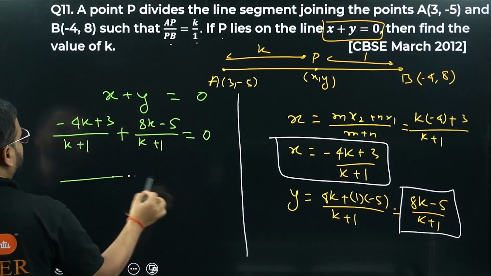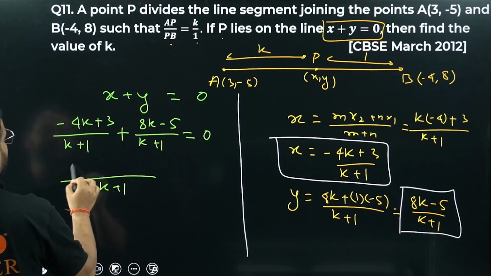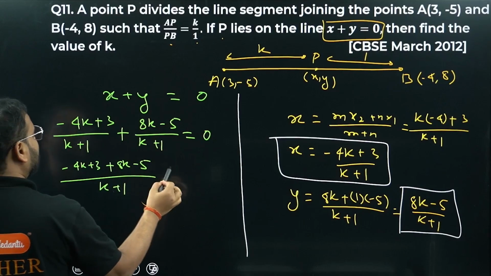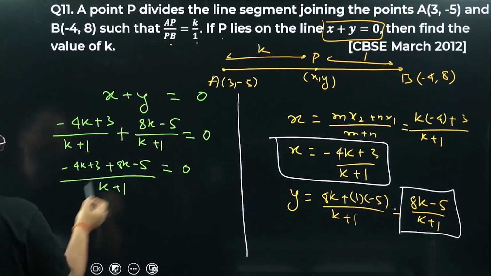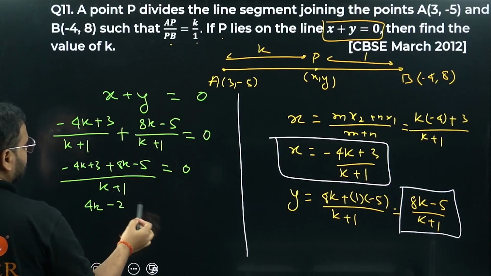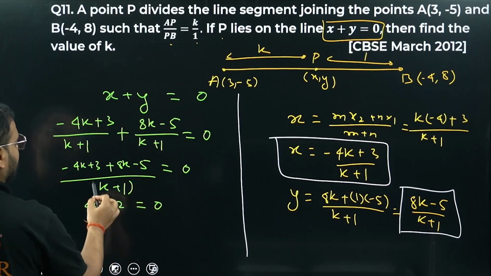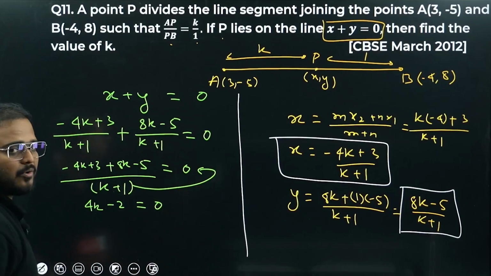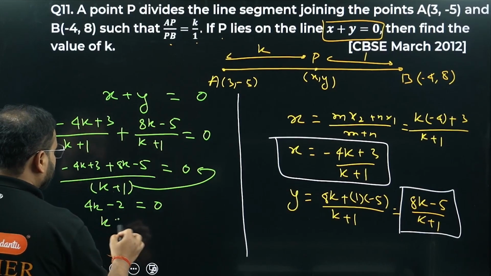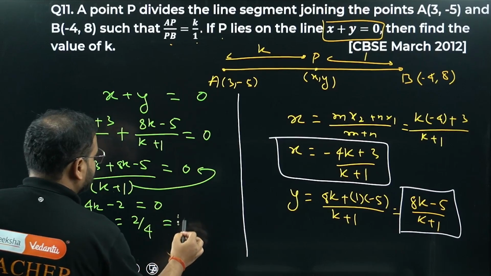LCM is k plus 1, so minus 4k plus 3 plus 8k minus 5 equals to 0. 8k minus 4k is simply 4k. 3 minus 5 is minus 2. I can take k plus 1 on this side, it will become 0, multiplication with 0. So 4k minus 2 is 0. It means k equals to 2 by 4 equals to 1 by 2.